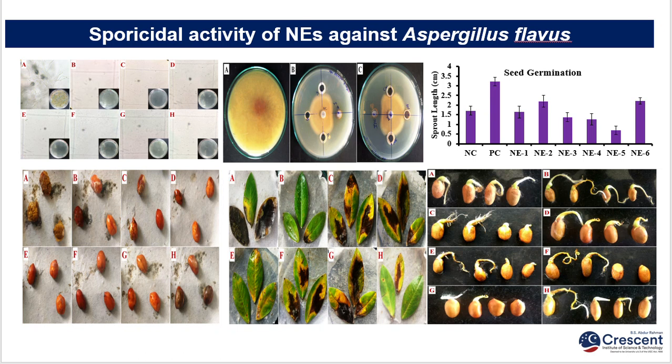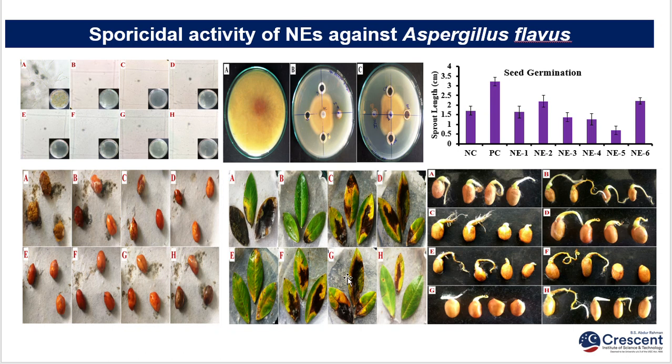Is it working in agricultural problems, and how far? This is one of the studies where we used Aspergillus flavus with peanuts. With the peanut, we infected both seeds and leaf with Aspergillus, and then treated with the nano emulsion.